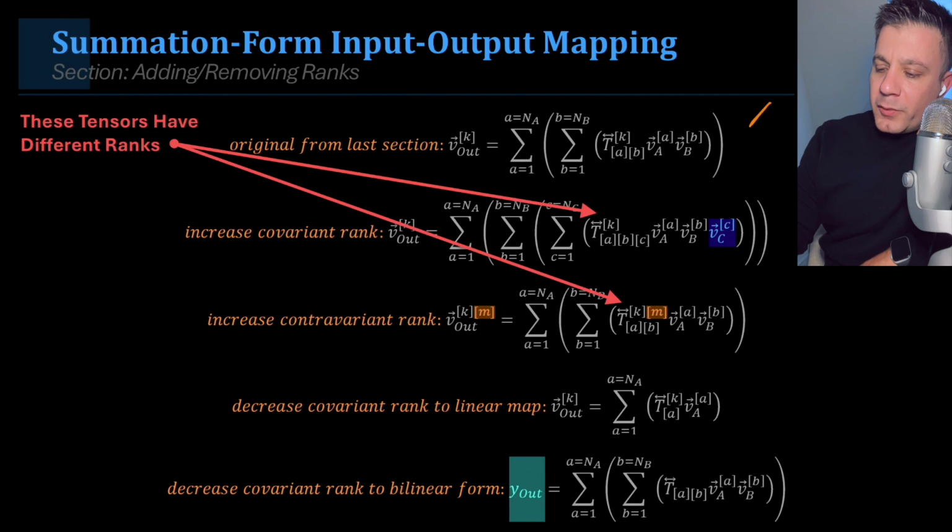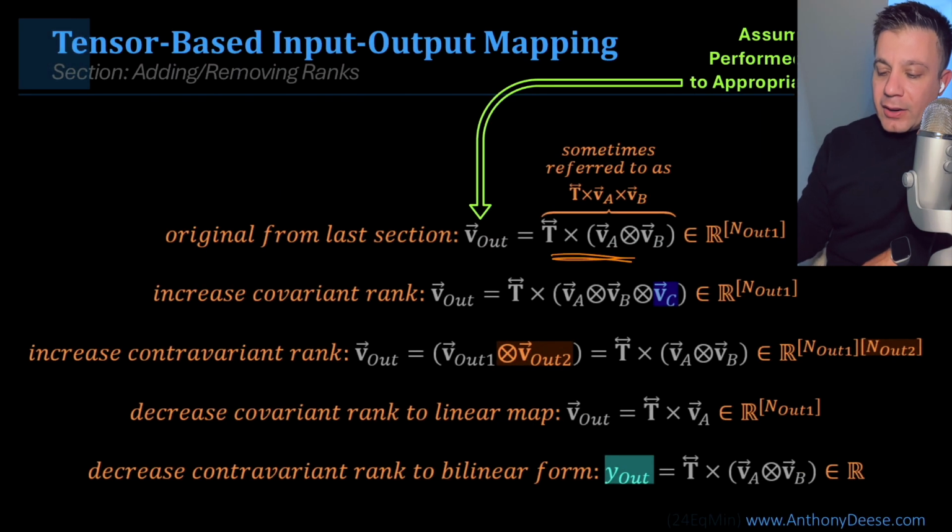So before we move forward though, let's take a look at how we can create this summation based form of our input-output relationship from this expression back here. And I'm going to use the bilinear map, the rank 3 tensor from the previous lecture, as the example.